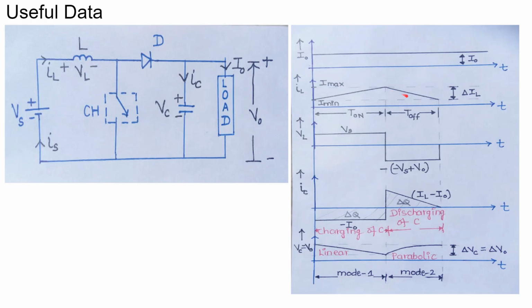So, the current through the inductor decreases linearly while the switch is off, and the voltage across the inductor VL is equal to the negative of V0 minus Vs. So, the voltage across the capacitor rises when the switch is open. This is the explanation.